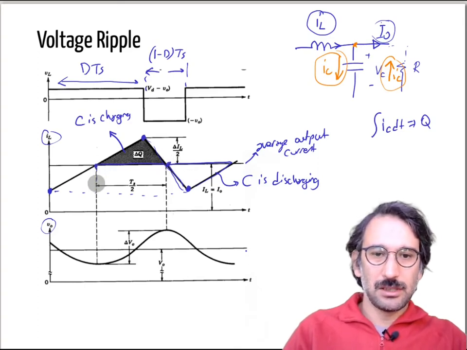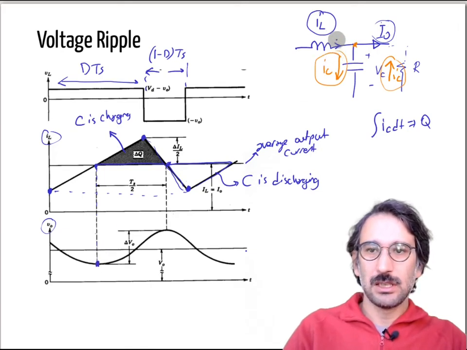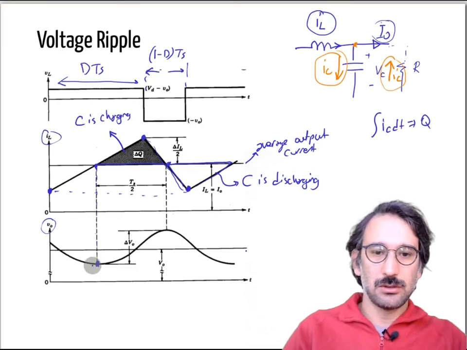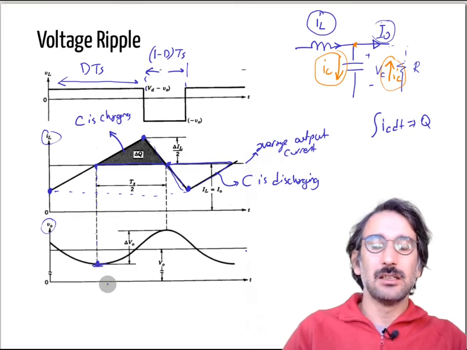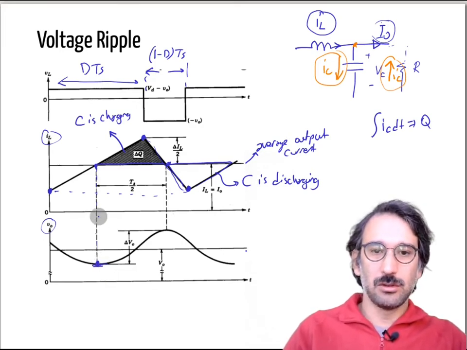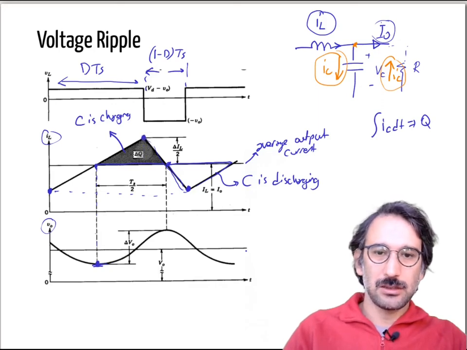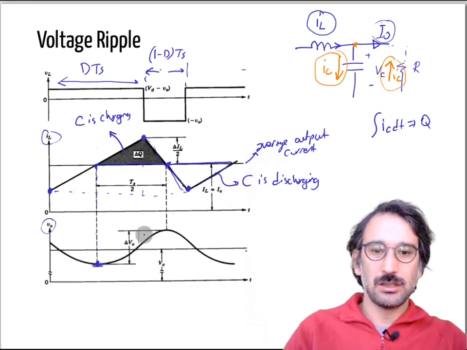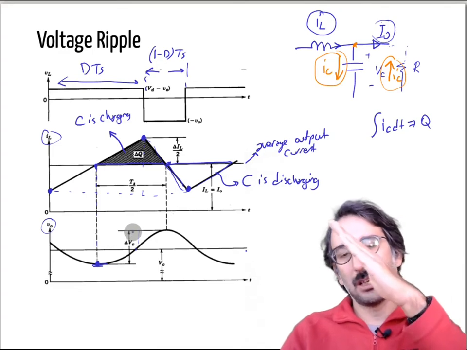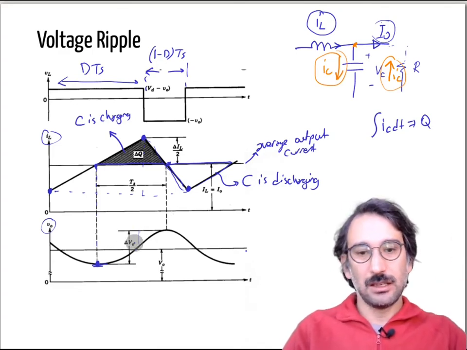Whenever you reach that point, your inductor current is equal to your output current, so there is no change in the capacitor voltage, and it is at the minimum point. Then you just keep charging up, and at that point you reach the maximum rate of change of the capacitor voltage, but it is still going up.